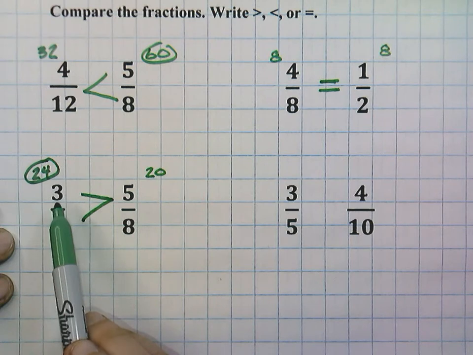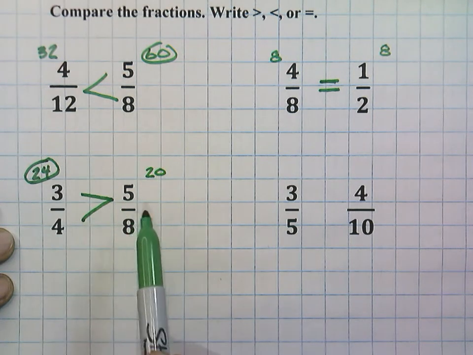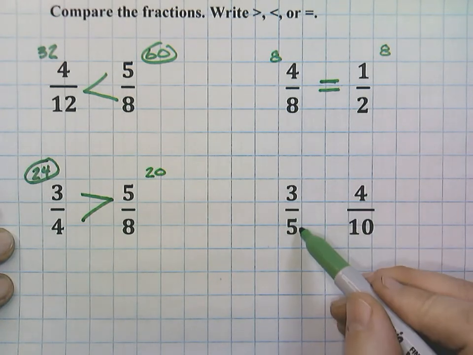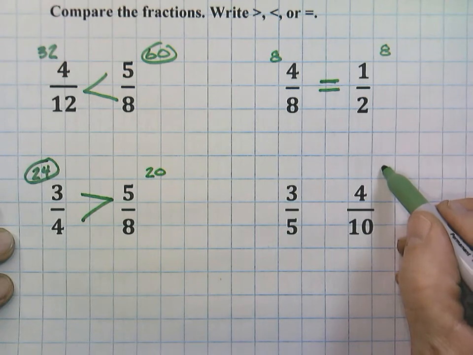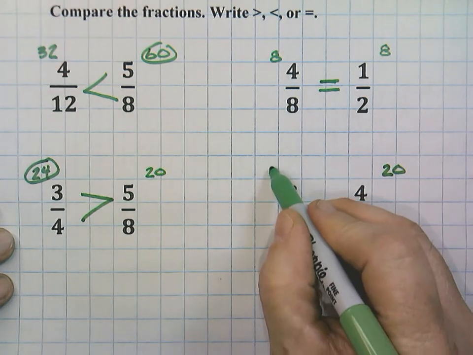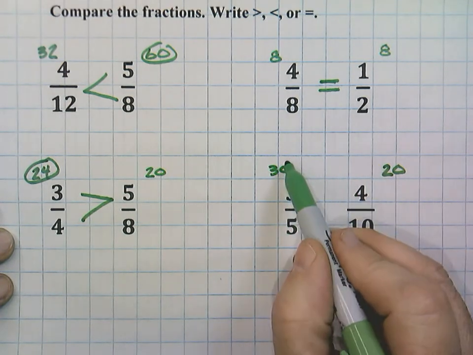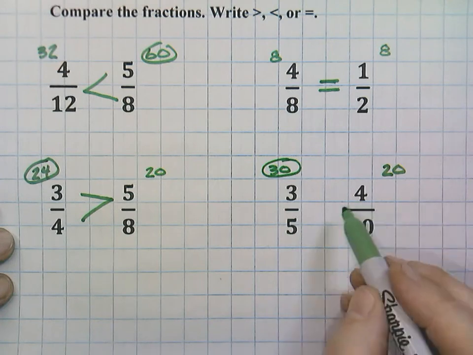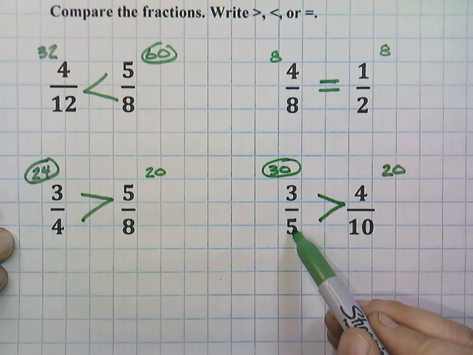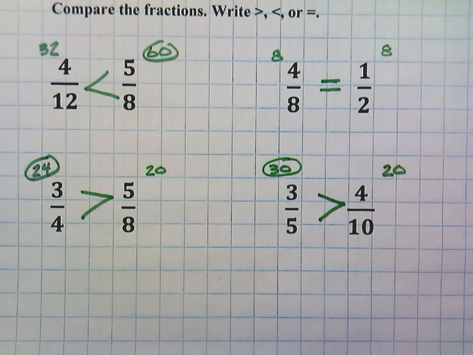So this would read 3/4 is greater than 5/8. 3/5 compared to 4/10. 5 times 4 is 20. And 10 times 3 is 30. When I compare 30 and 20, that is greater. So 3/5 is greater than 4/10.